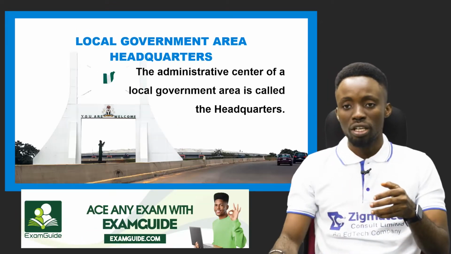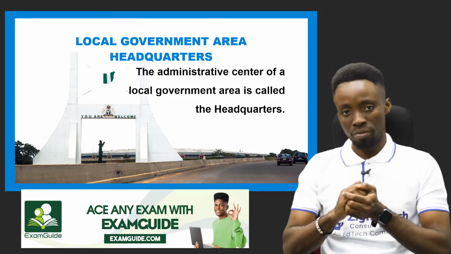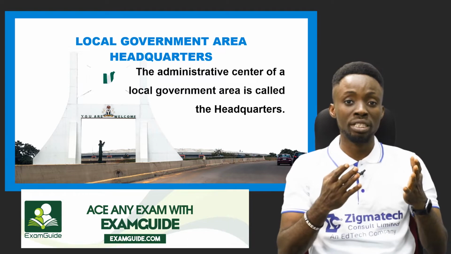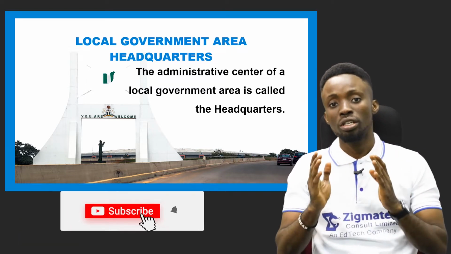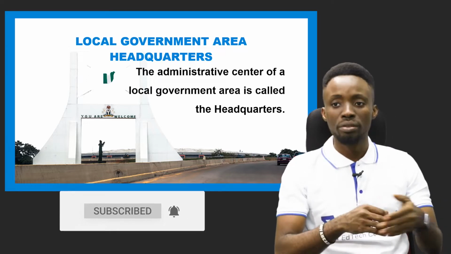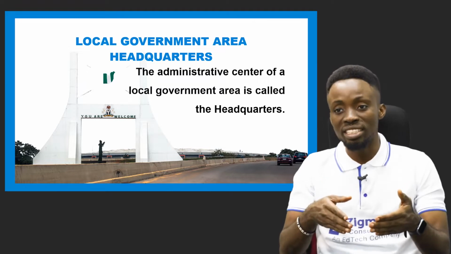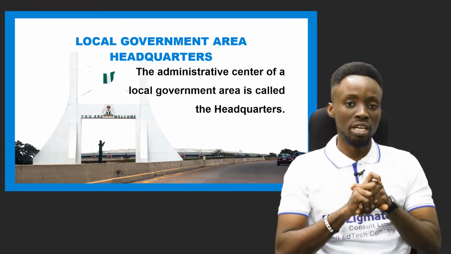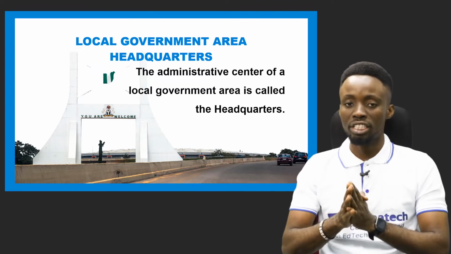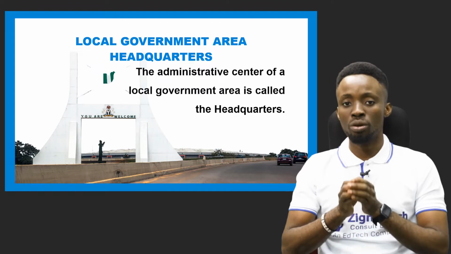Now, what are local government area headquarters? Just as we have states with their capitals, we have the same with the local government area. The local government area headquarters is seen as the administrative center of every local government area in Nigeria. So we call the administrative center the local government area headquarter.